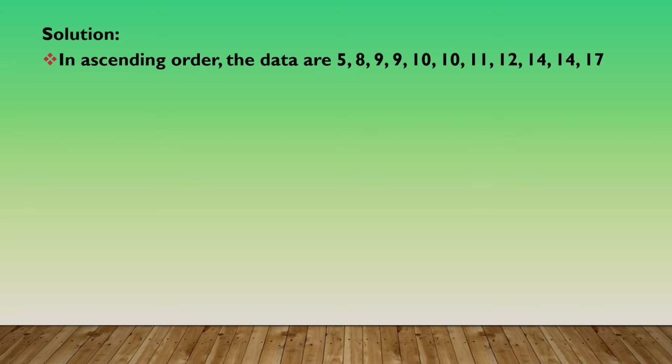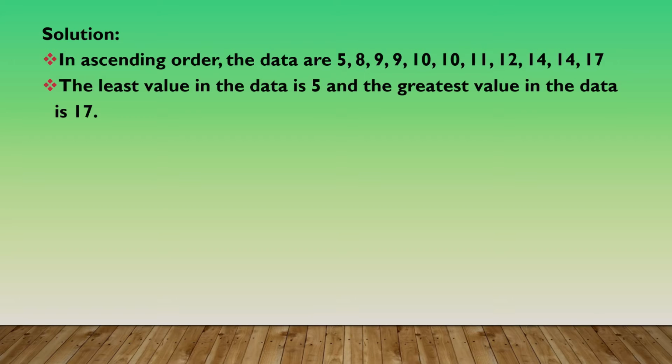This is the solution in the given problem. Arrange the data in ascending order, which is 5, 8, 9, 9, 10, 10, 11, 12, 14, 14, and 17. The least value in the data is 5, and the greatest value in the data is 17.